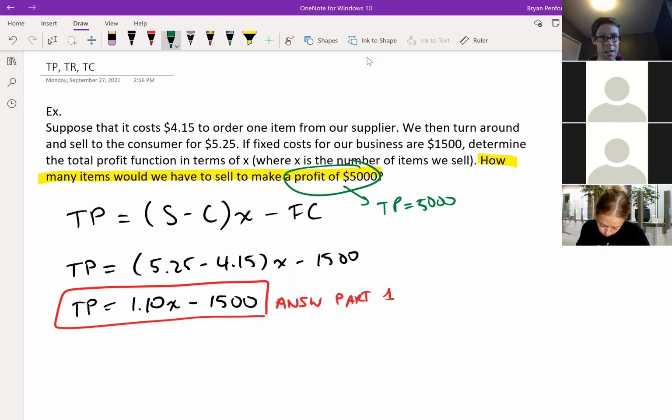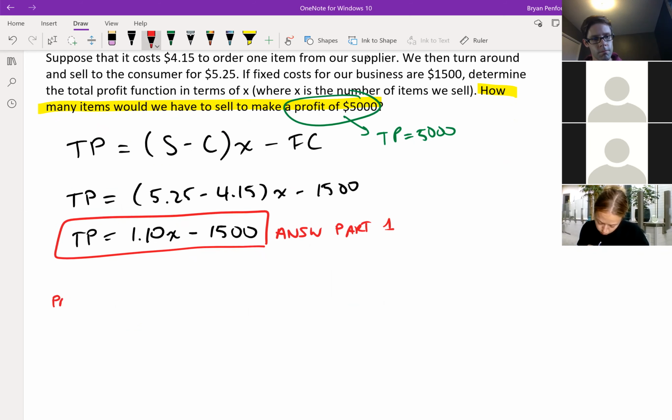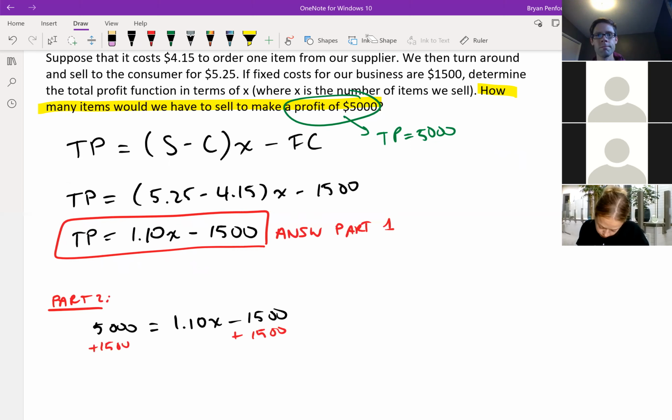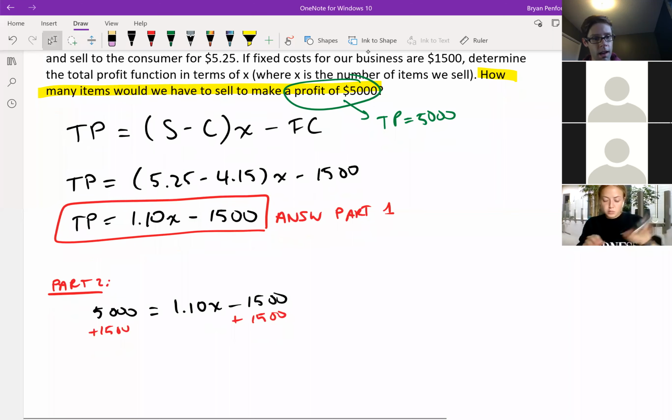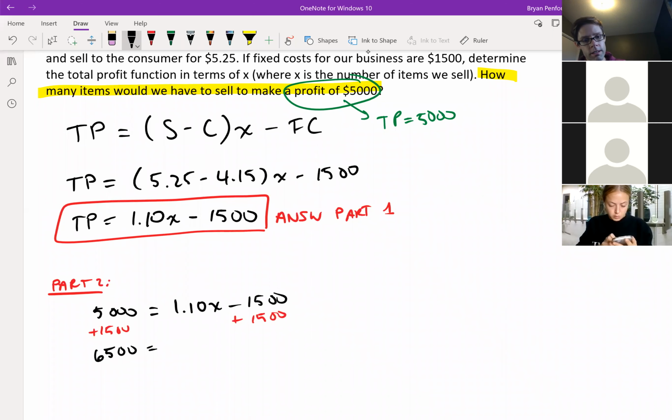So substitute that in for TP, and then see if we can solve for X. If we add 1,500 to both sides, it's going to give us 6,500 is equal to $1.10 times the number of items, X. And then to isolate X, we can divide by $1.10.